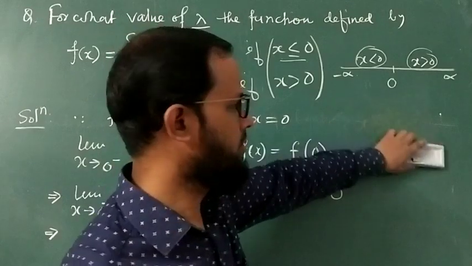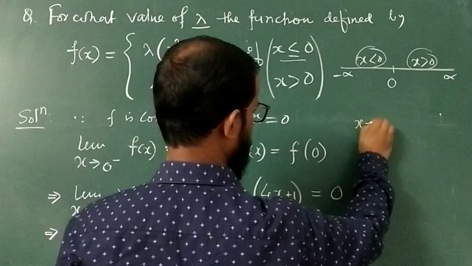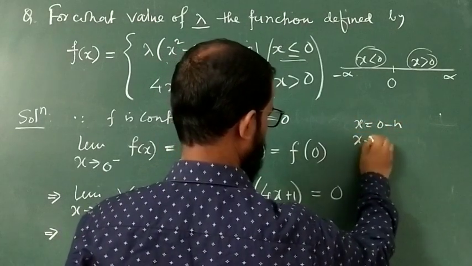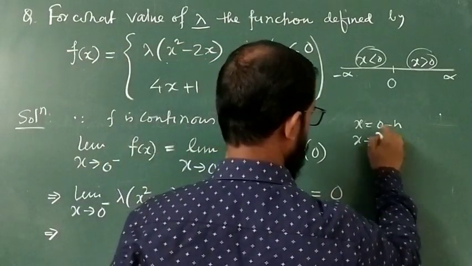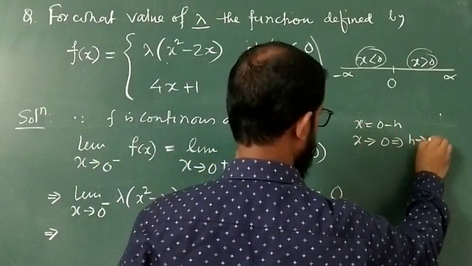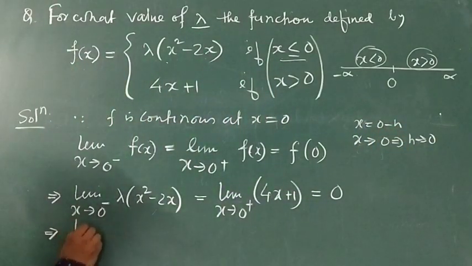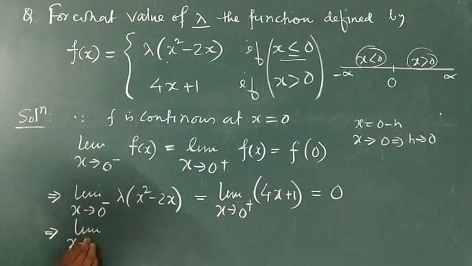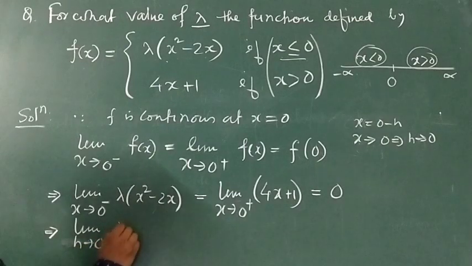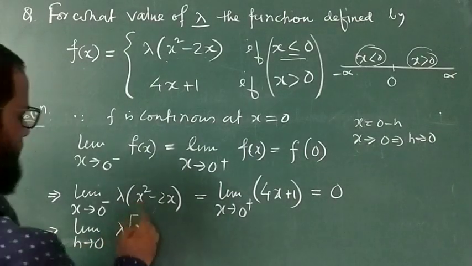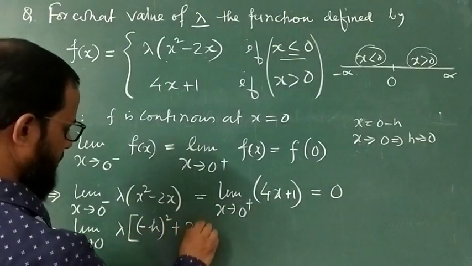The same thing we are going to repeat here. So x tends to 0 minus means x equal to 0 minus h, and when x tends to 0, h also tends to 0, so x can be replaced by minus h. So here we write limit h tends to 0 of lambda, and x can be replaced by minus h whole squared plus 2h.